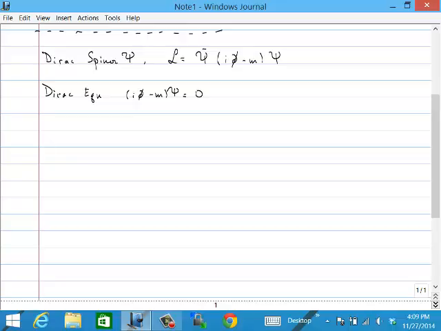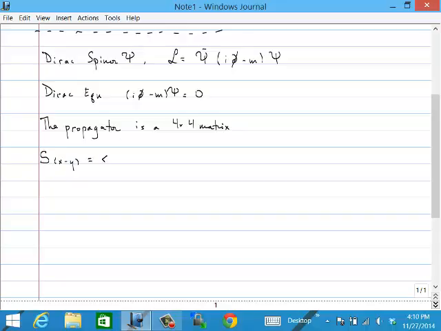Last time we worked out an explicit expression for the propagator, that is to say the two-point function. Because a Dirac spinor is a four-component object, this is a 4x4 matrix, usually denoted S. Usually we denote the propagator of a scalar field by delta and the propagator of a Dirac field by S.